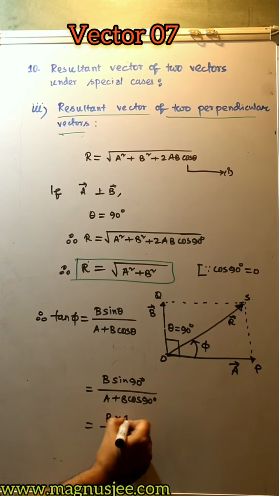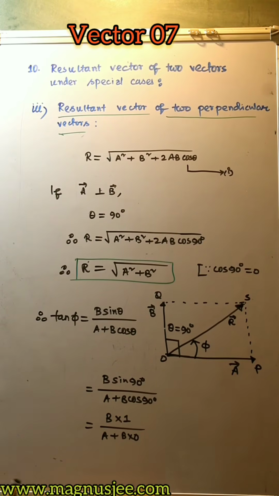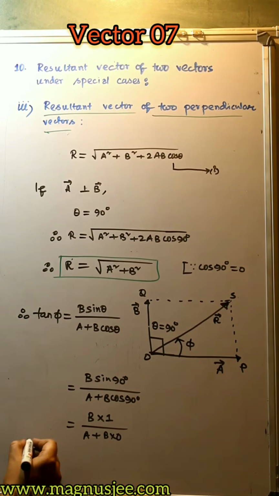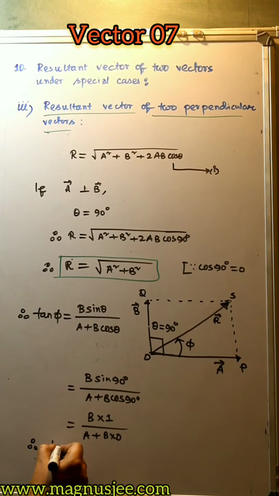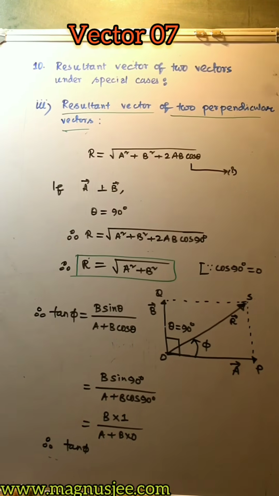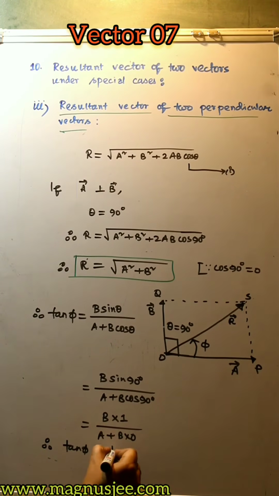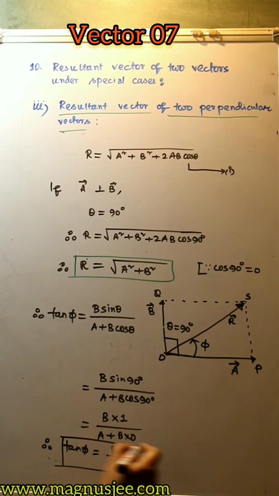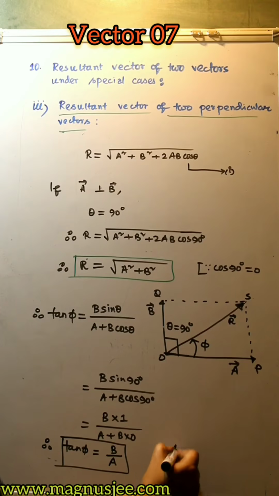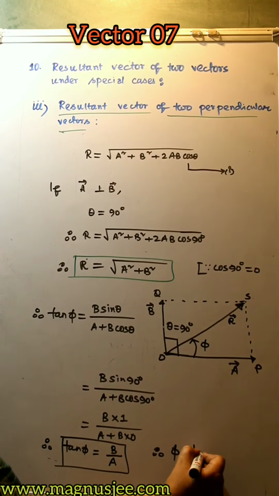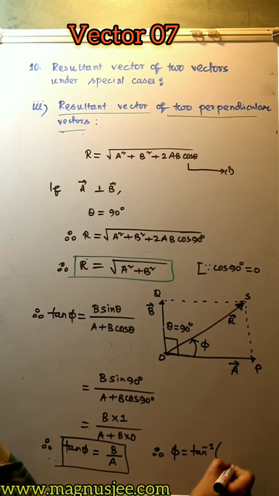B into 1, because sin 90 degrees is 1, divided by A plus B into 0, because cos 90 degrees is 0. So therefore tan phi equals B by A. Therefore phi equals tan inverse B by A.